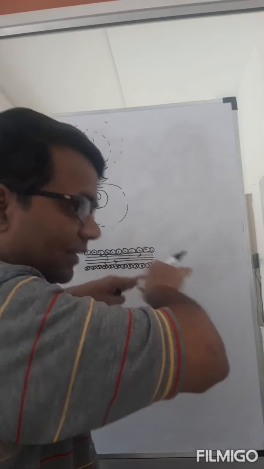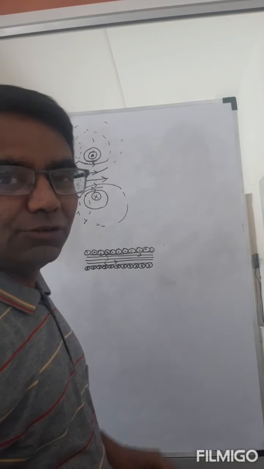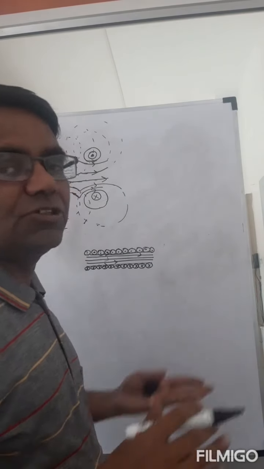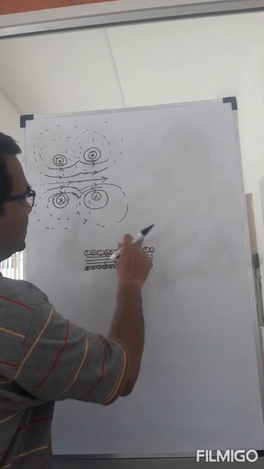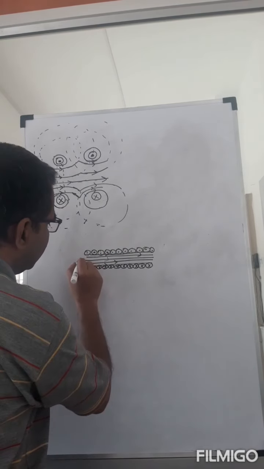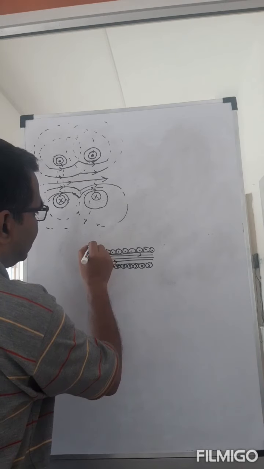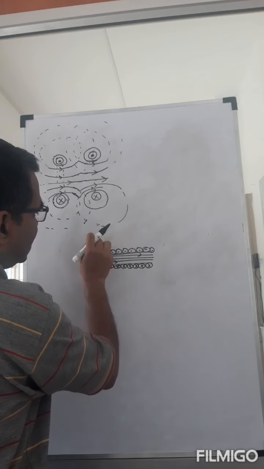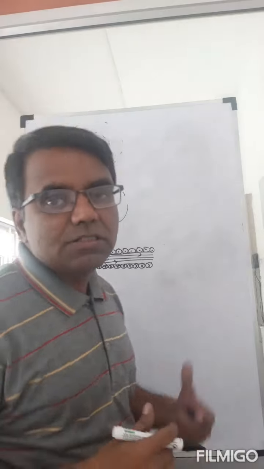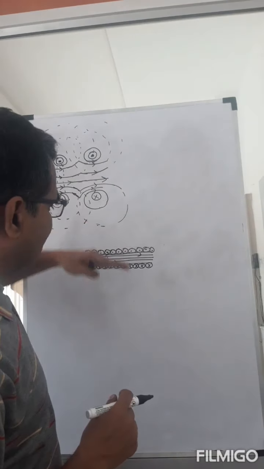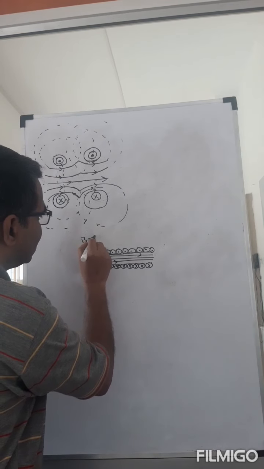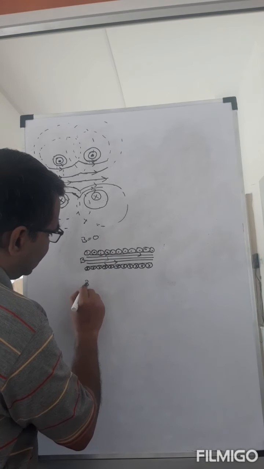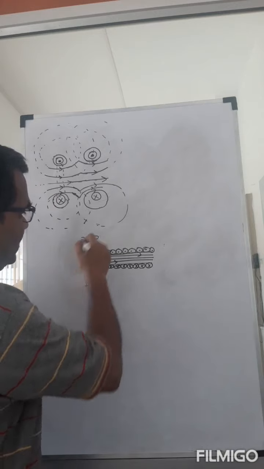And if you have an infinitely long solenoid, you can pretty much treat the field outside as zero. You'll have field B inside, but the field outside will be zero. You wouldn't have any field here, and the same thing will hold good for this too. So B here is equal to 0, and B here is equal to 0 outside.